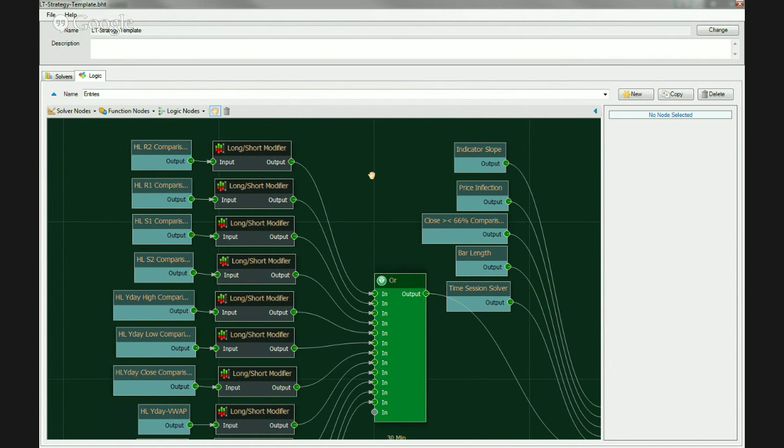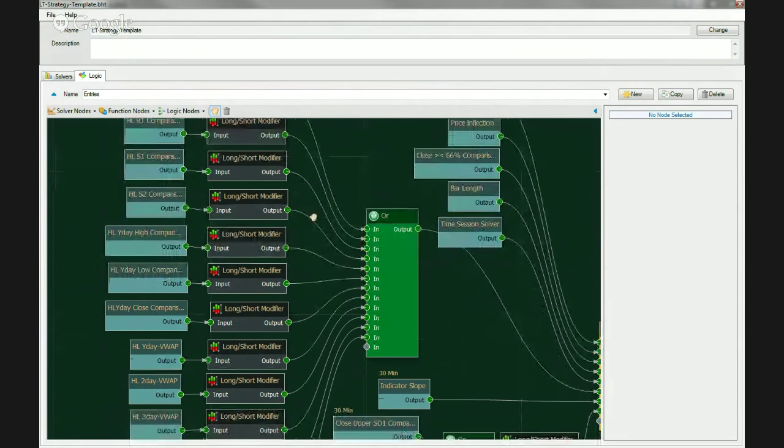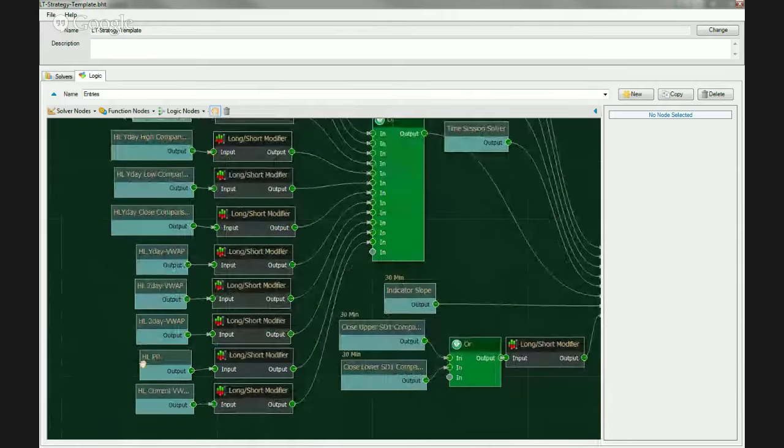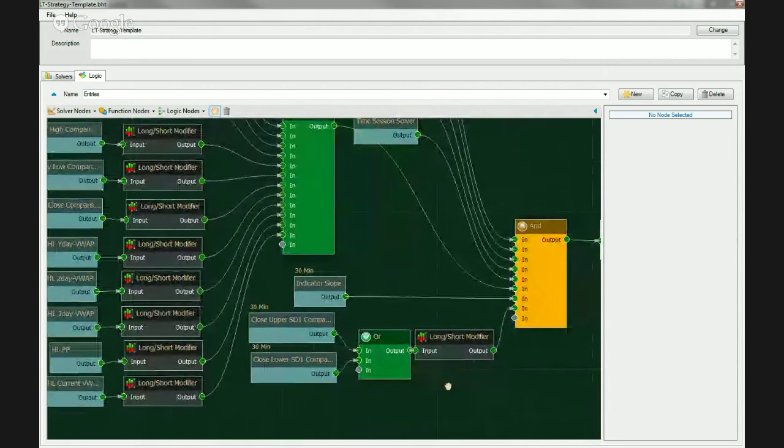Further down here, we have the VWAP levels and the pivot. And over here, we've added the 30-minute chart. So this is really great about Bloodhound. You can just add a new chart series into your strategy, and it's a really great function to be working with anchor charts. So the 30-minute chart here is really filtering out all the noise from our trading strategy.